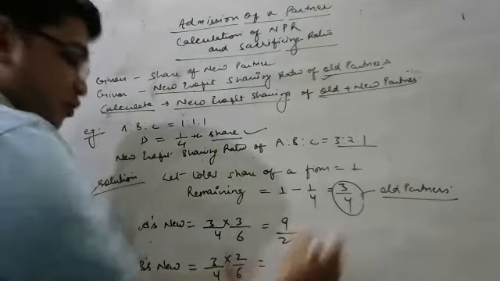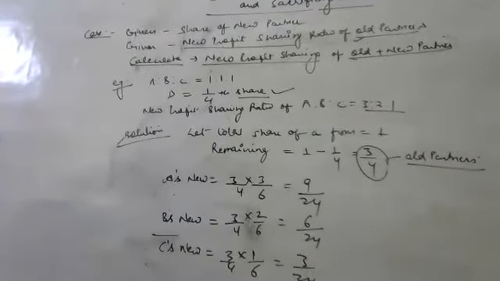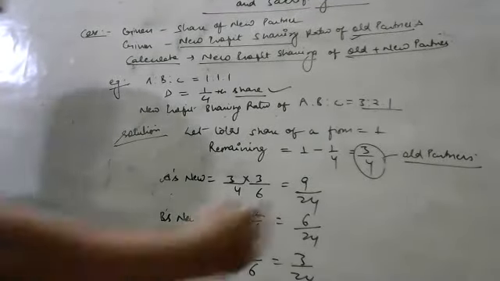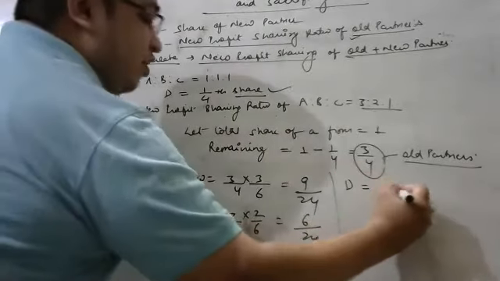Okay, and one new partner is also there. That new partner is D, and D's share is given, that is 1/4.